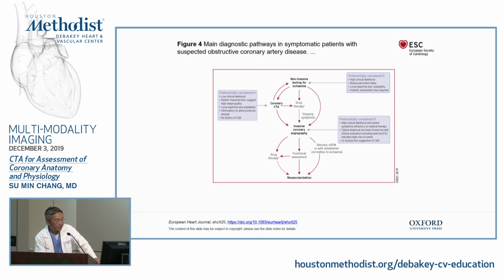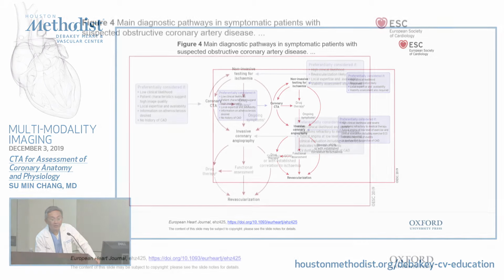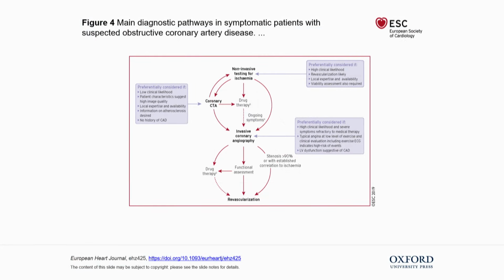Okay, this is the brand new European Society of Cardiology guideline for assessment of chronic coronary syndrome. Essentially, people who show up with suspected coronary disease, typical patient with chest pain or angina equivalent. As you can see here right now, essentially coronary CTA and non-invasive testing, I place it as equal, if not more emphasis, in terms of using CTA as a first test of choice for assessment of this patient, okay?